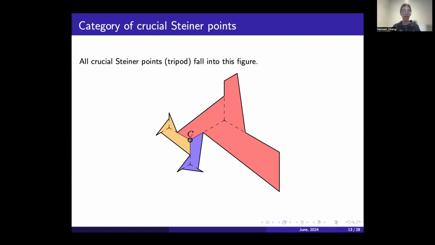By geometric analysis, all crucial Steiner points have the same local structure, which we call a tripod. A tripod is an interior point in the input polygon, and a sufficiently small disk around it is covered by exactly 3 pieces, and the 3 boundary edges connected to it are tight constraints to the corresponding guard from the same side, either clockwise or counterclockwise. Actually, the tripod matches all the local structures of the degenerate cases.